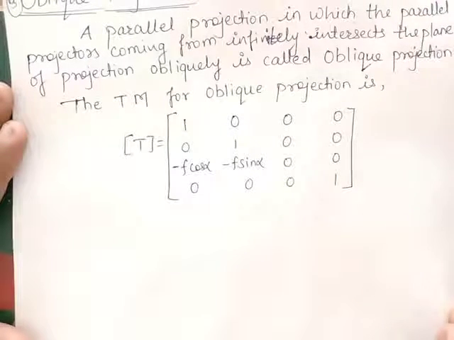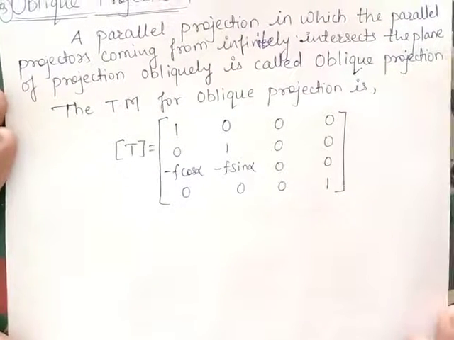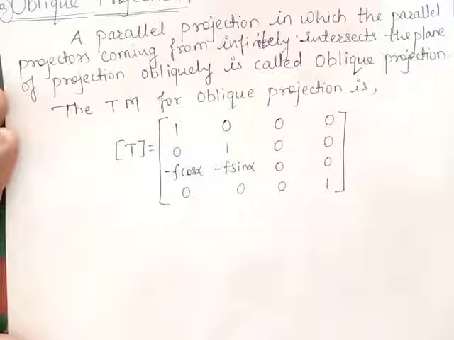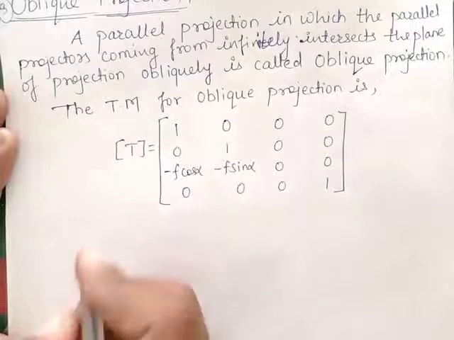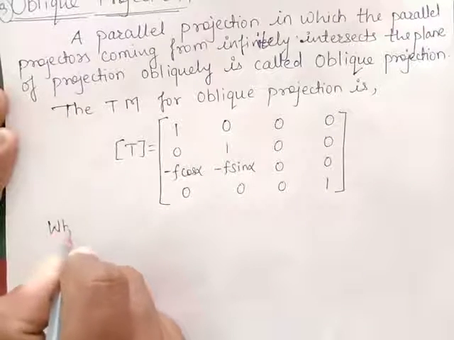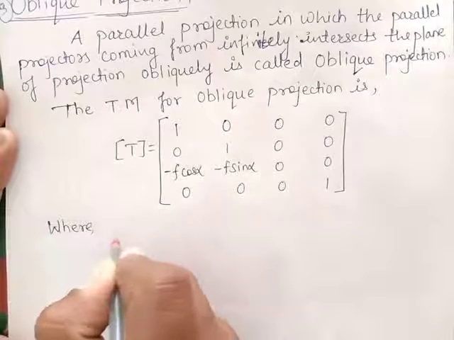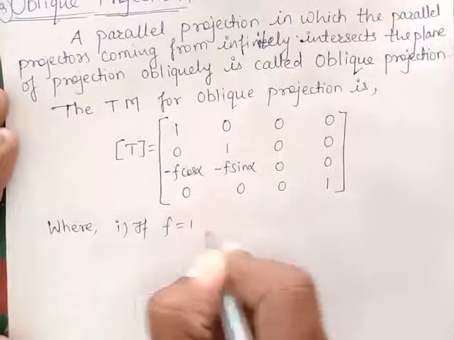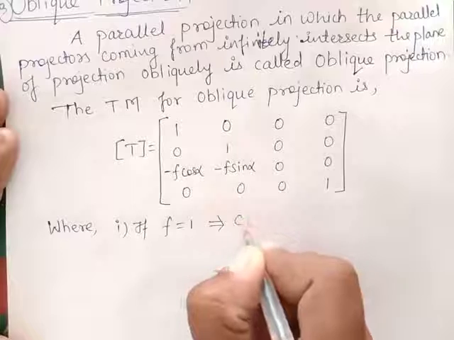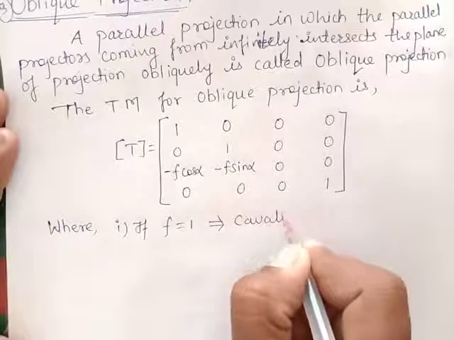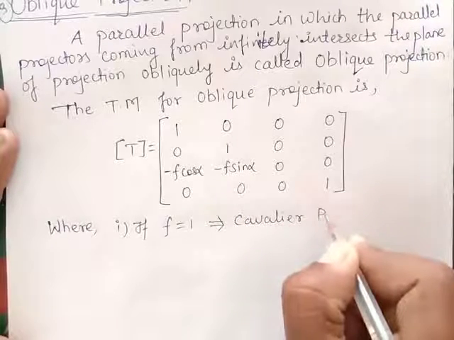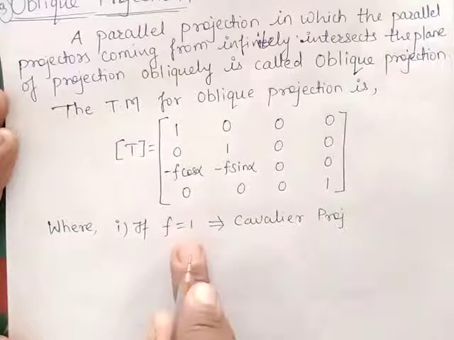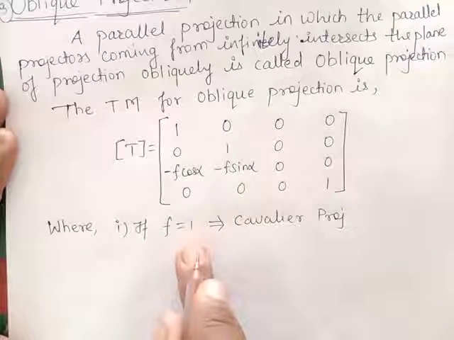Now also, as you know, oblique projection has two different types, that is cavalier projection and cabinet projection. Where if f is equal to 1, it gives us a cavalier projection. Cavalier projection means the value of the foreshortening factor is 1.